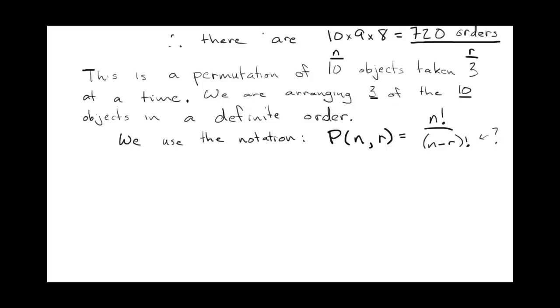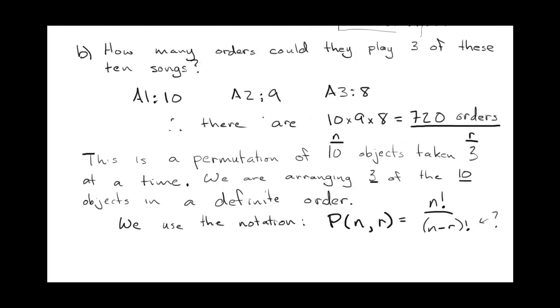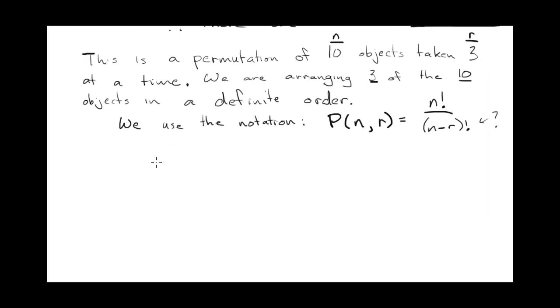Well, remember this example up here, we've already done this one, right? P of 10, and you're arranging 3. So we remember this was equal to 10 times 9 times 8. Well, how do you get that? What's a mathematical way of getting that?